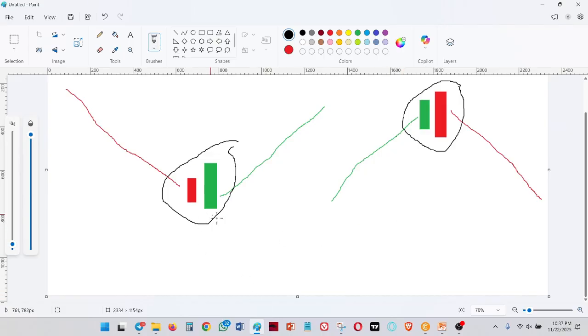So, gentlemen, these are just the simple rules. The reason why I'm taking you through this elementary level is because if you understand the foundation of this, by the time you enter the market, you will not be failing.